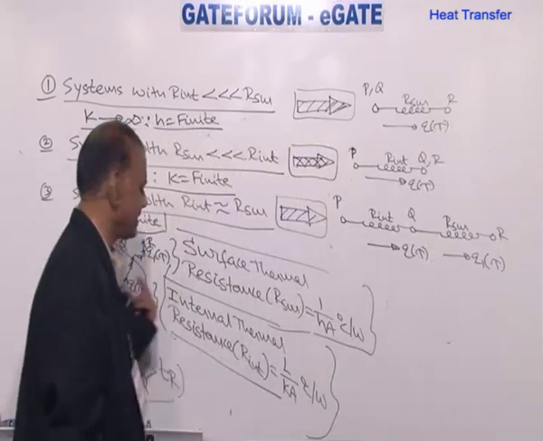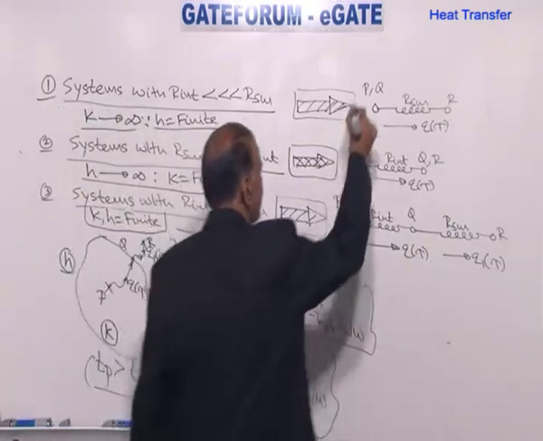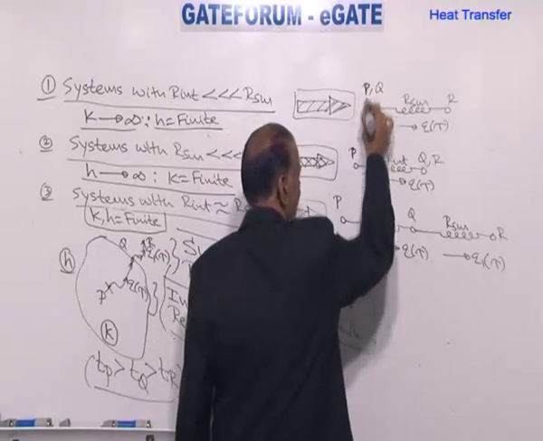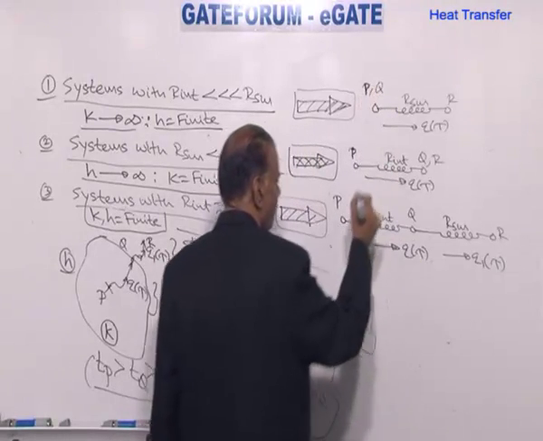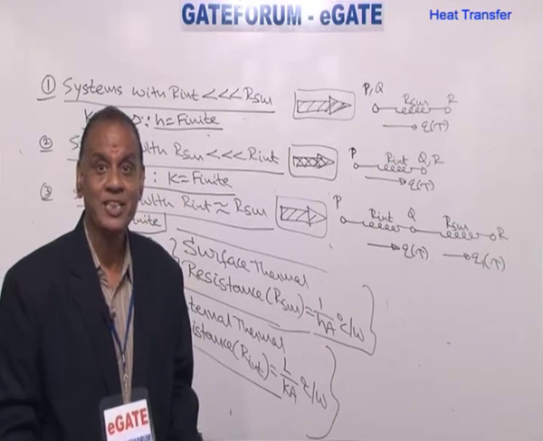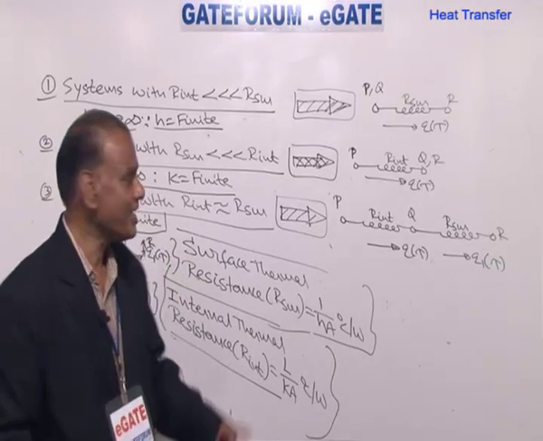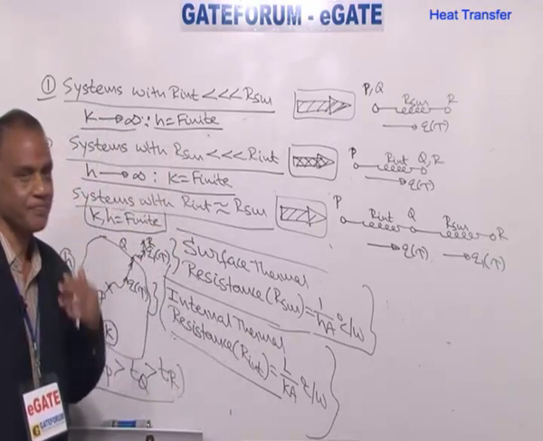Since internal resistance is 0, temperature is not changing inside. P and Q are coinciding, you can see here. Because this is 0. Why is that 0? K is very large. But surface resistance is there. As a result, Q and R are different. Why is surface resistance there? H is finite.